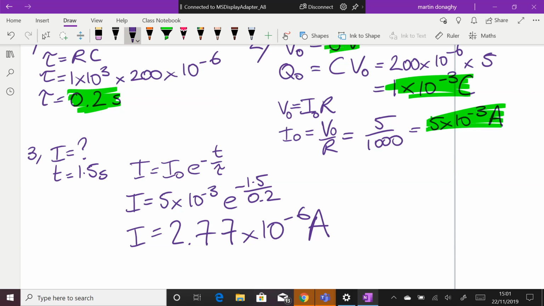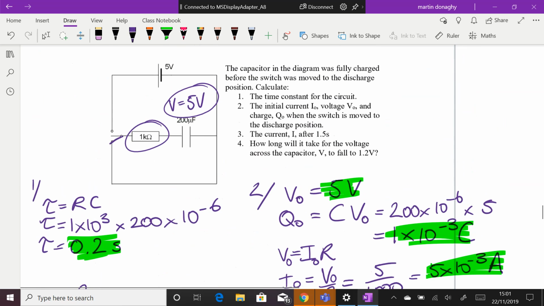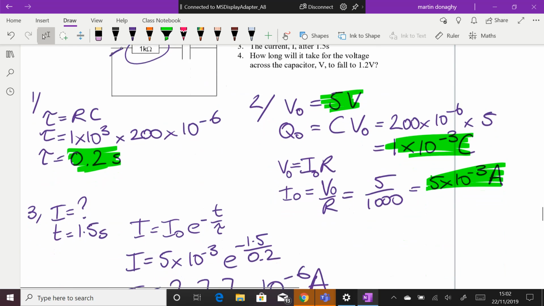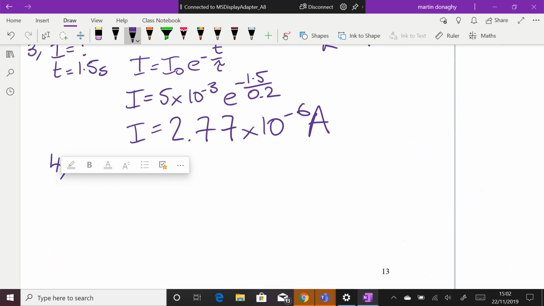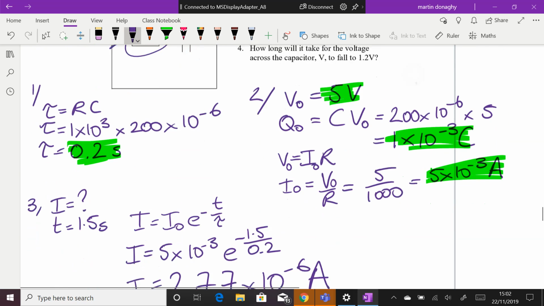Okay, any questions up to there? Last thing, more complicated, is how long will it take for the voltage across the capacitor to fall to 1.2 volts? So we're now looking for the time when the voltage will be, was it 1.2? Yeah, 1.2 volts.